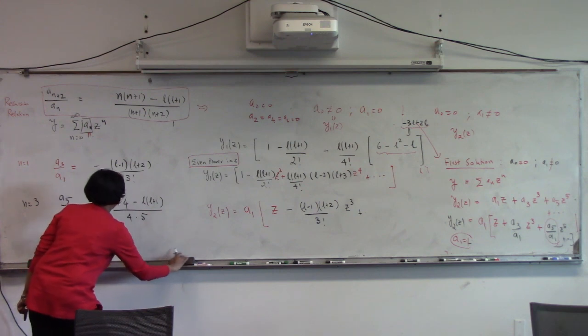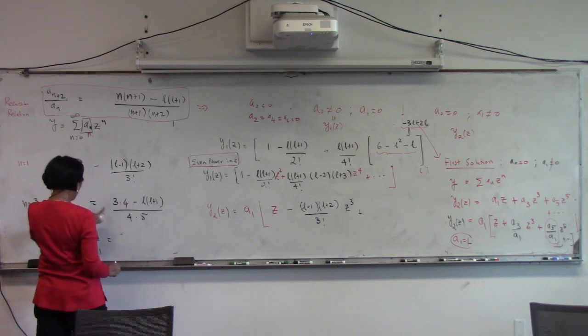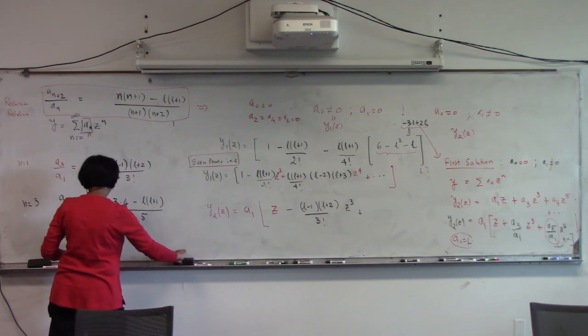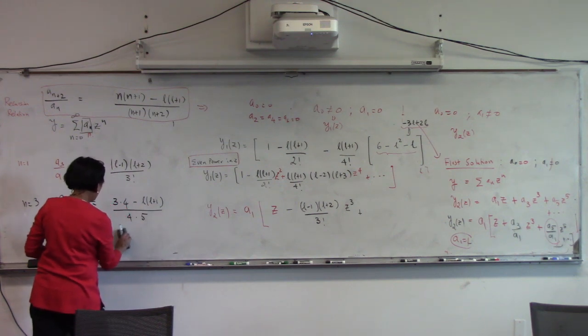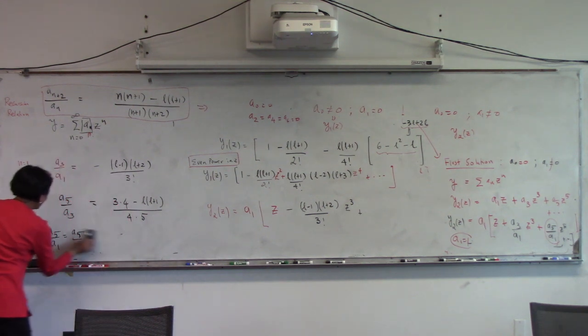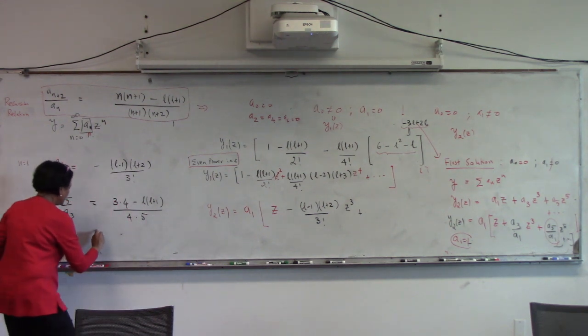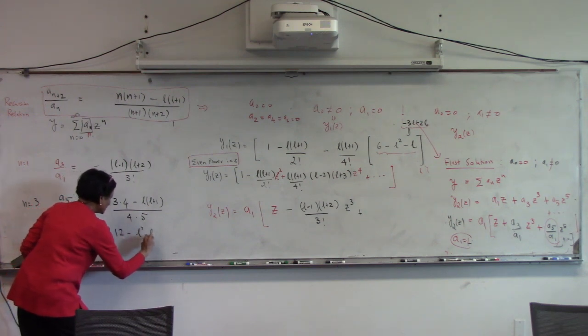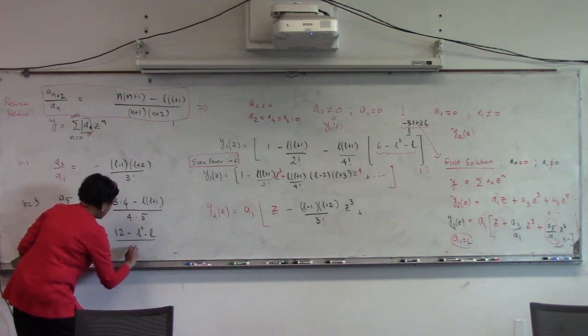So at least that part we can do. But let's simplify. Before that, let me simplify this term. What is this term? I want to factorize it nicely. So this is 12 minus L squared minus L over 4 times 5.